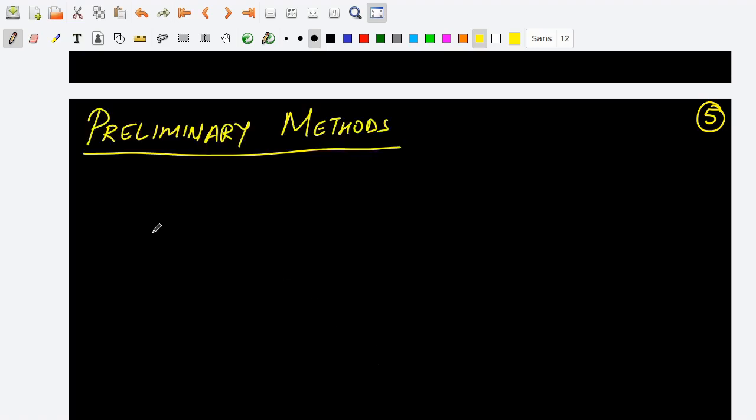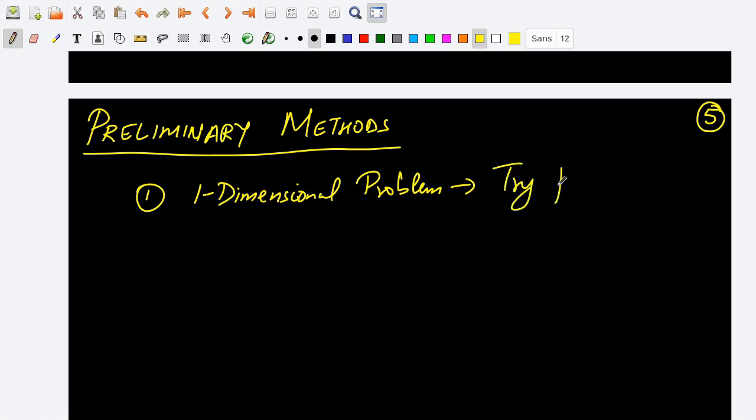Okay, so the most obvious way, and what most people would actually try to do if they have not done this course, is to make a plot, and especially for one-dimensional functions. So if I have a one-dimensional problem, you can try plotting it.